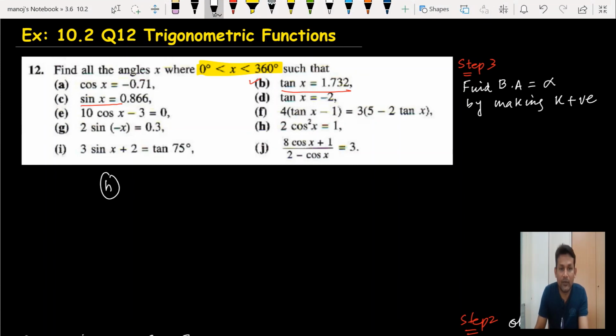H part, just I would like to give one hint here. 2 cos square x is equals to 1. First of all, what's the first step? We always make cos x as the subject. So I will write 1 upon 2. And when you write cos x is equals to under root 0.5, 0.707 is coming.